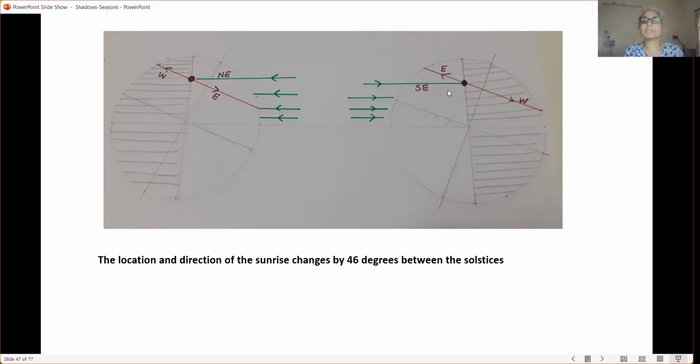So this explains what we saw, that the sun rises in the northeast in summer, it rises in the east in autumn on the equinox, and then it rises in the southeast in winter. So there is a north-south back and forth movement of the sunrise. The direction of the sunrise changes by 46 degrees between the two solstices.